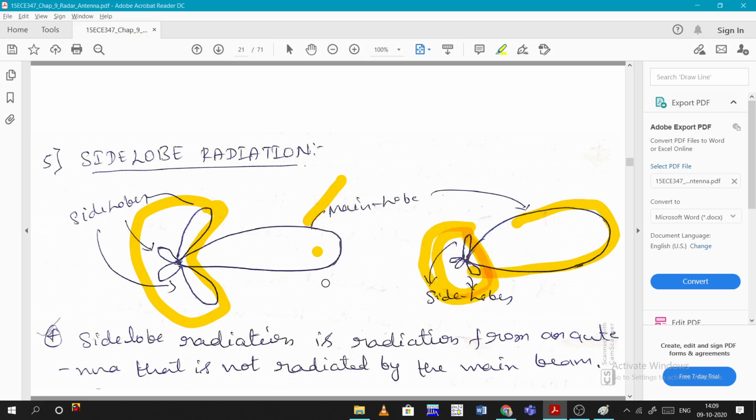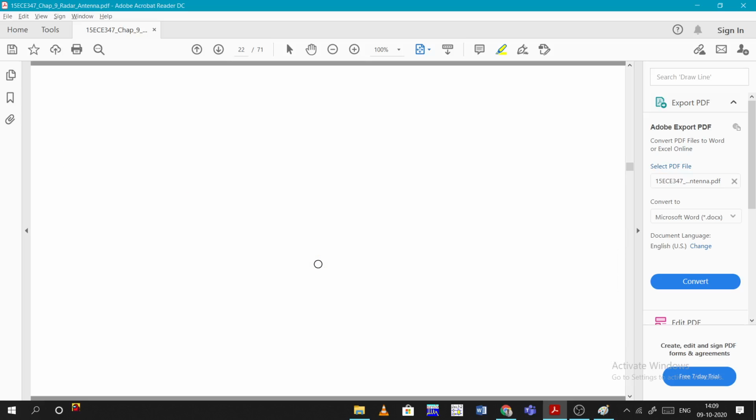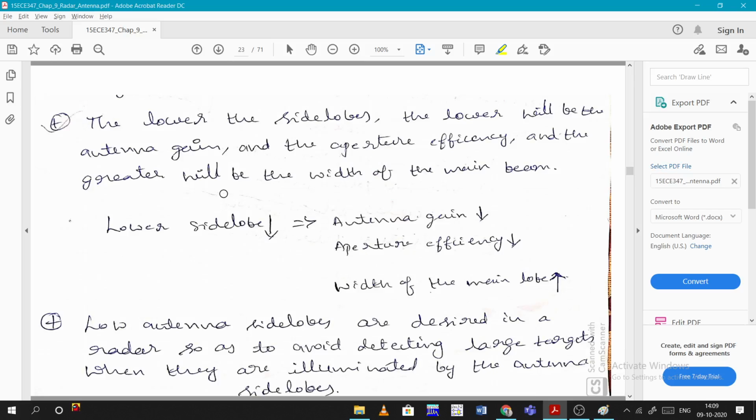They are in inverse relation. Now, the lower the side lobes, the lower the antenna gain and the aperture efficiency, and the greater the width of the main lobe. That's what we see. As the side lobes decrease, the antenna gain also decreases, the aperture efficiency also decreases, and the width of the main lobe increases.